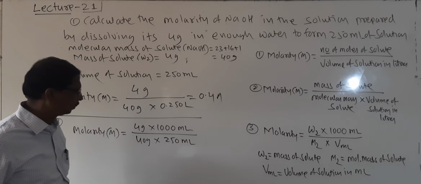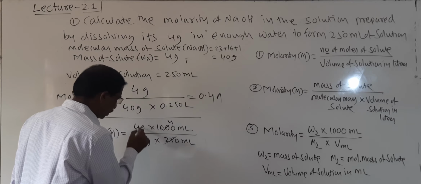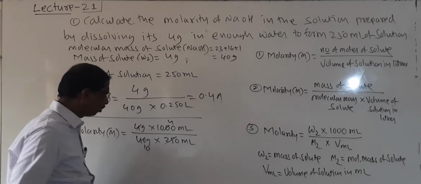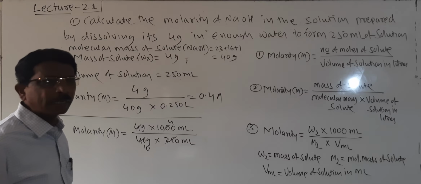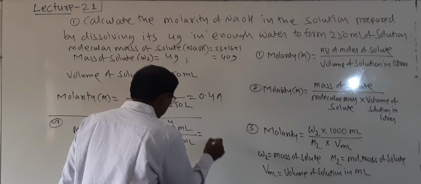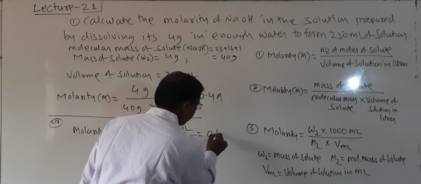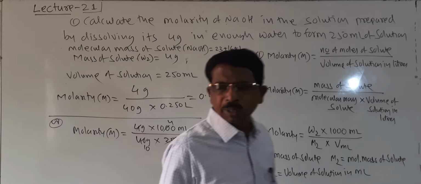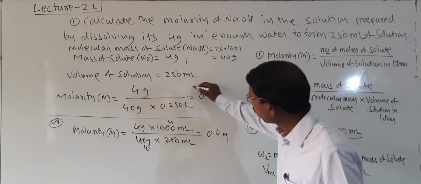I will write directly. It is 4 by 10, is equal to again 0.4 M. So students, it is the method of solving.